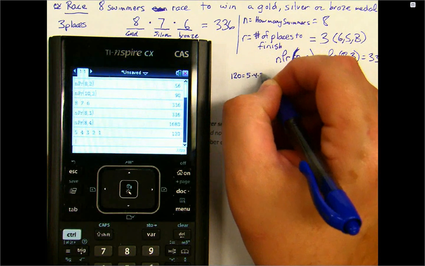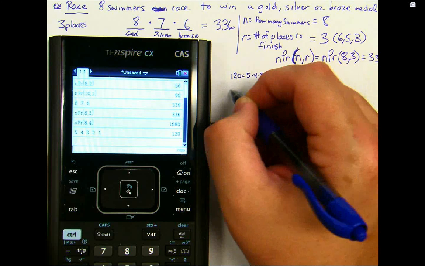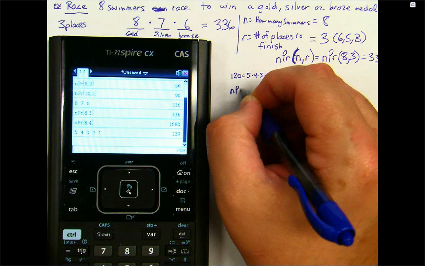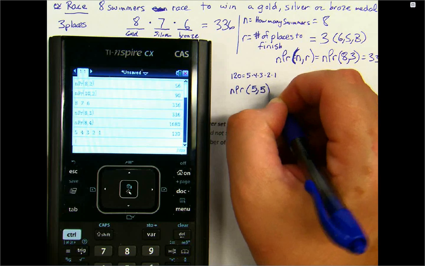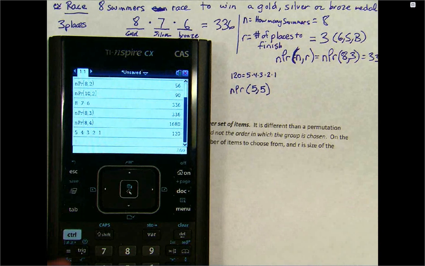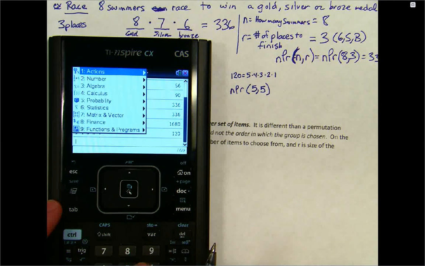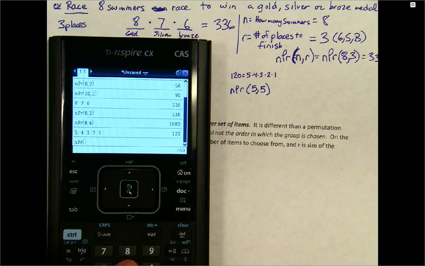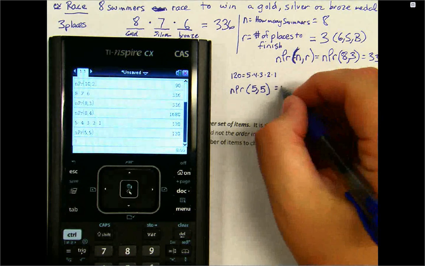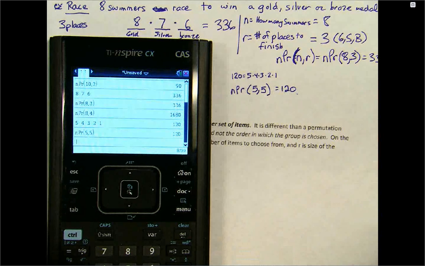So if I wanted nPr, you have 5 friends and 5 places in line. Menu, go to probability, go to permutations, 5, comma 5, hit enter, and you get 120. You could have just typed in nPr and then open the parentheses. Make sure you open up the parentheses.